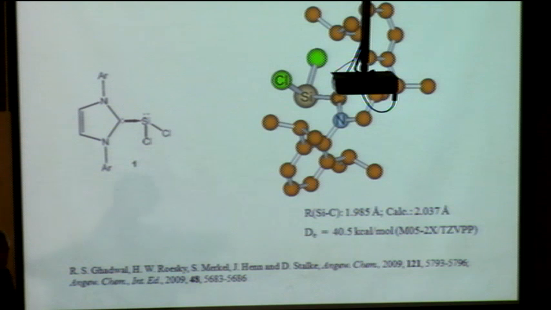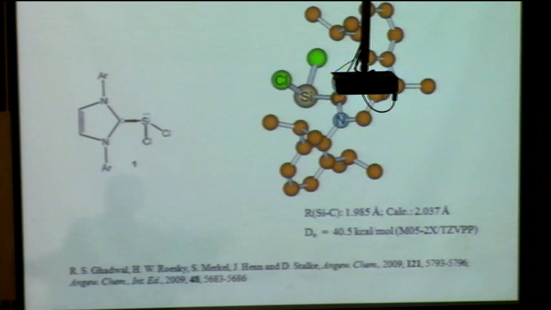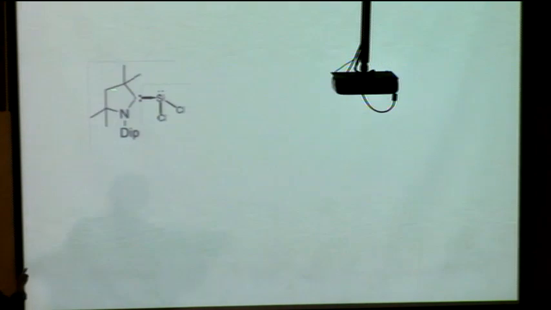What brought us into the game was when he contacted us because he wanted to substitute the N-heterocyclic carbene, the Arduengo carbene, by the so-called CAAC carbene, which was isolated by Bertrand, which has only one nitrogen. Here we have two nitrogen. The double bond is not that important. Here you have only one.